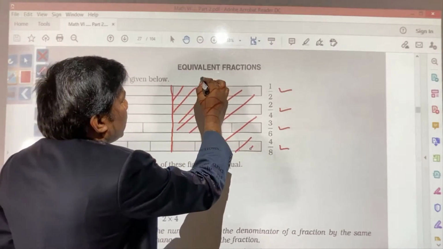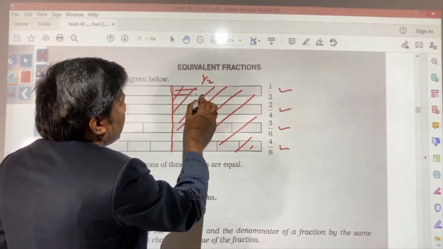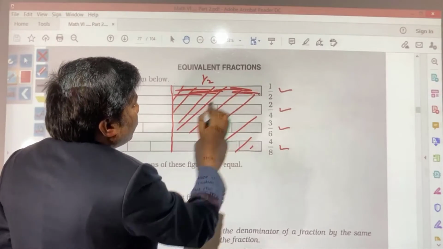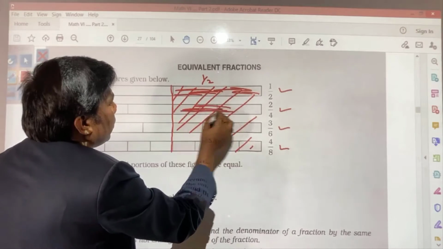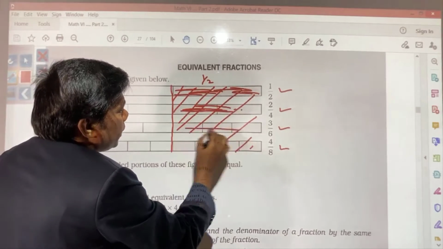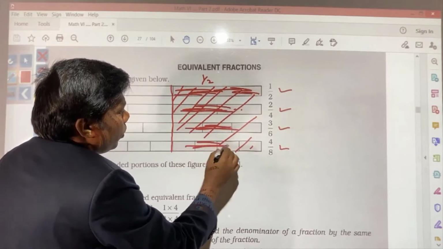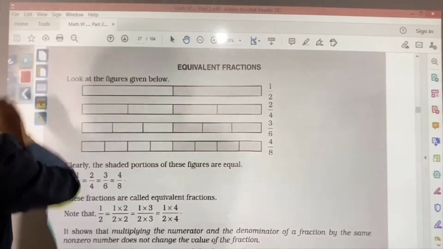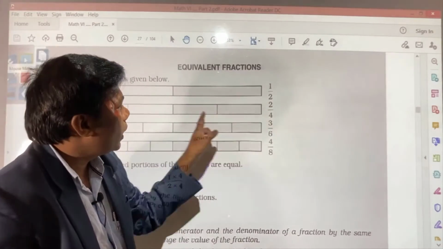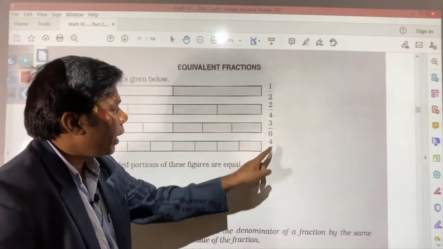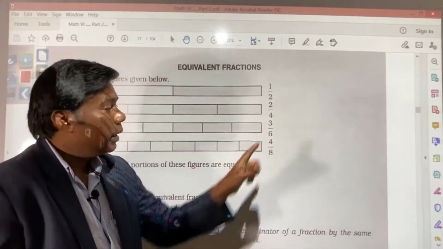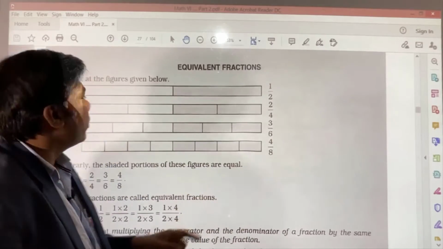This portion was 1 by 2, this portion was 2 by 4, this portion was 3 by 6, this portion was 4 by 8. So whether you say 1 by 2, 2 by 4, 3 by 6 or 4 by 8, all are equal. And these fractions are called equivalent fractions.